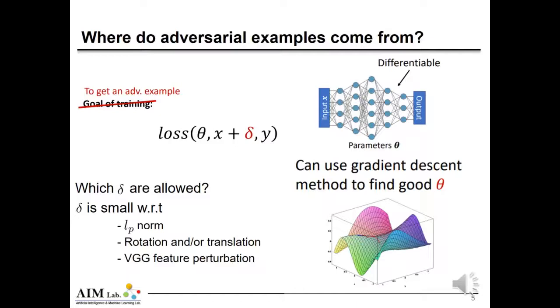However, there is an important setting for delta. In principle, delta should be small, because if delta is large, it can really change the label of the image, and the classifier predicting a different label is not what we want. So delta should be small with respect to some Lp norm, or rotation and translation, or rigid feature perturbations.